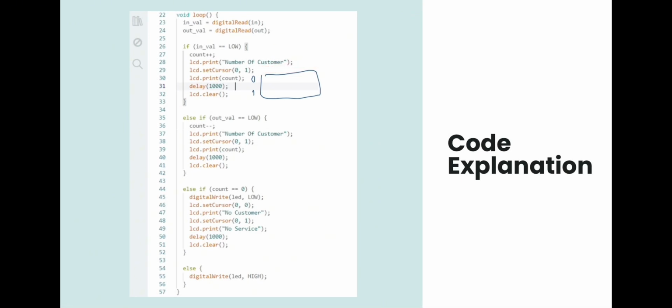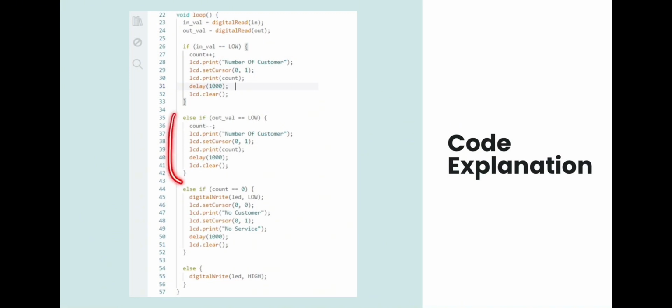We use the command lcd.setCursor(0,1) to move the cursor to the left of the second row, then the current visitor count is printed on that row. Let's see line 31, delay 1000. This creates a 1 second pause before allowing any further change to the count, and then we clear the LCD using lcd.clear to get it ready for the next update.